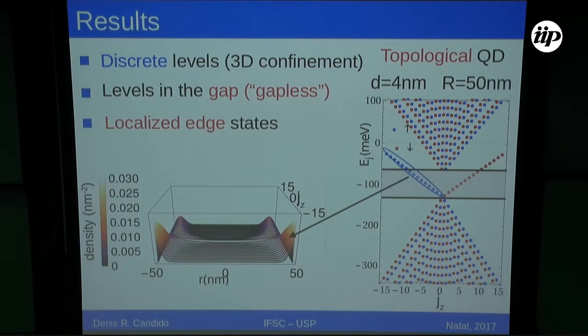Here what we find is the opposite. The more we increase the Z component of the total angular momentum, the more the wave function will be localized near the edge. Further on, I will give the explanation for what we're seeing here.